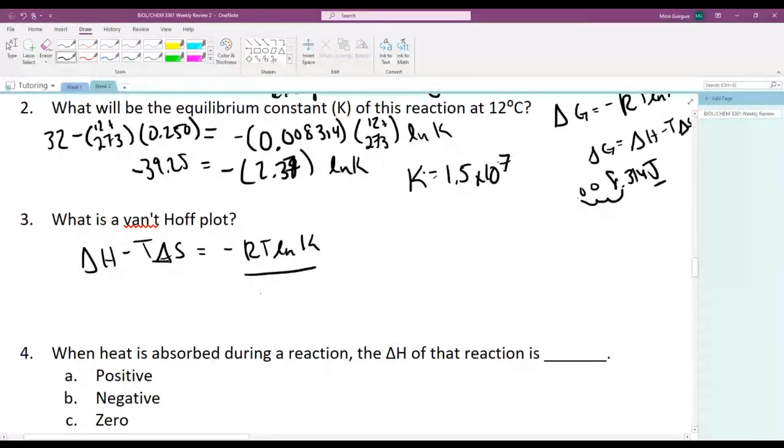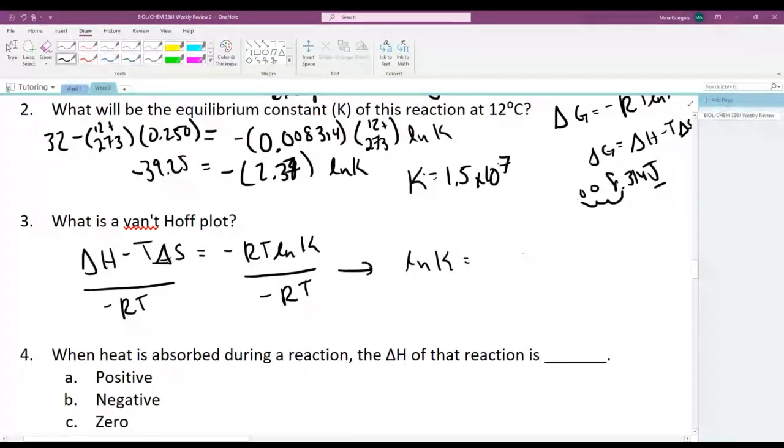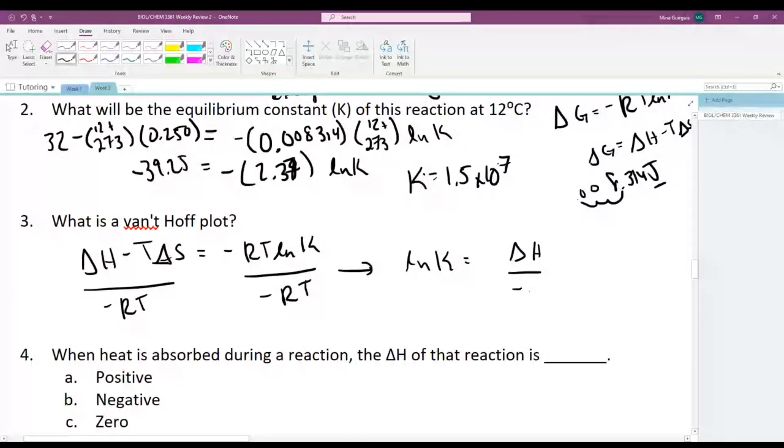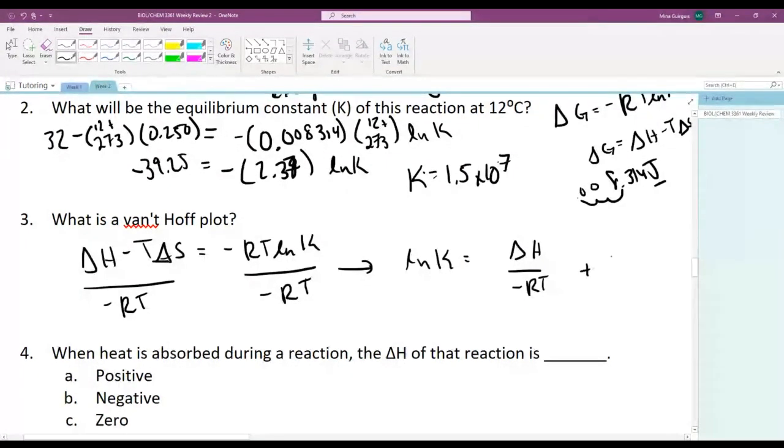We're just going to divide by negative RT from both sides. Okay? And then we're going to get the natural log of K is equal to delta H over negative RT plus T delta S over RT, and I took the negative and the subtraction and turned that into a plus.